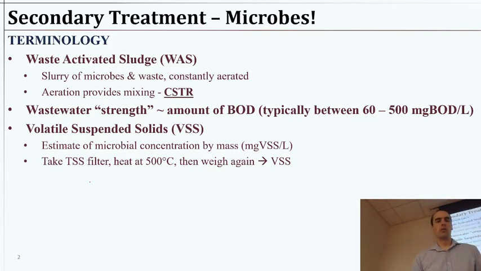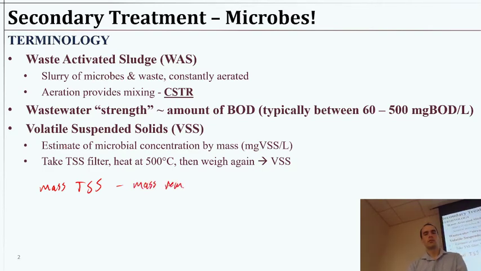And so TSS, the mass, we'll say mass TSS minus mass remaining equals VSS. And that's just a very simple, straightforward, and handy way to measure the amount of organic material in our sample.